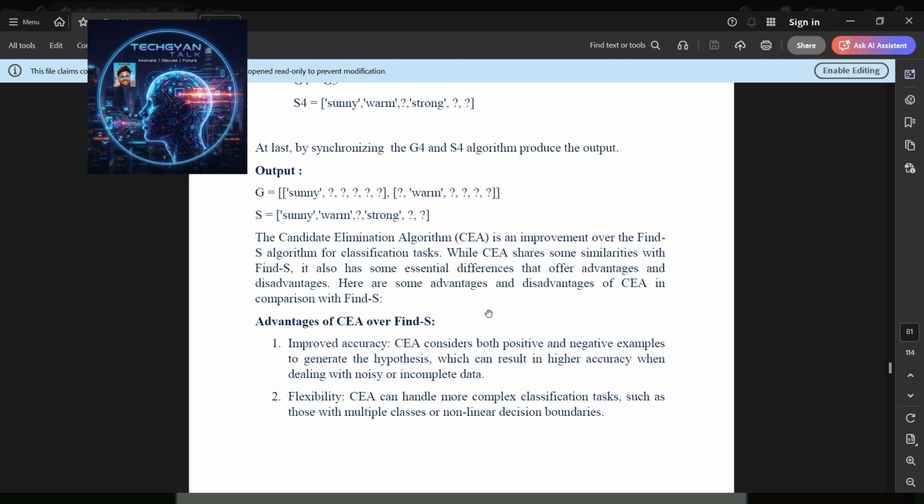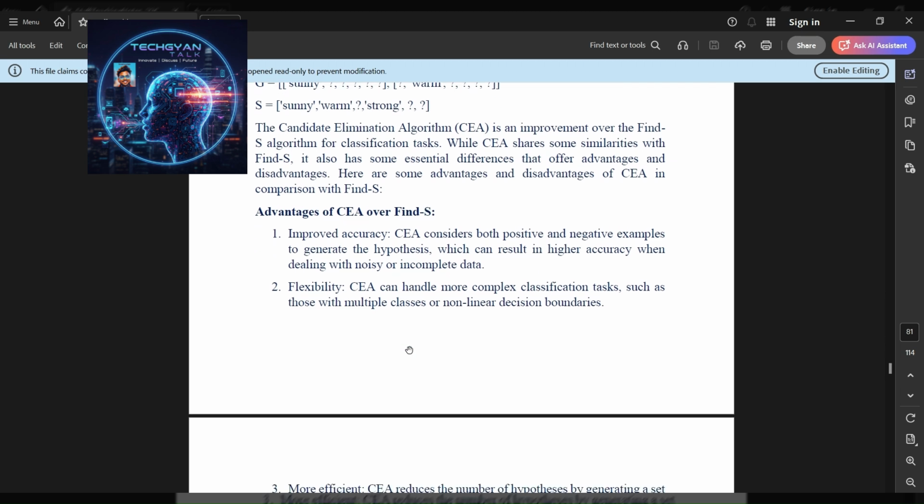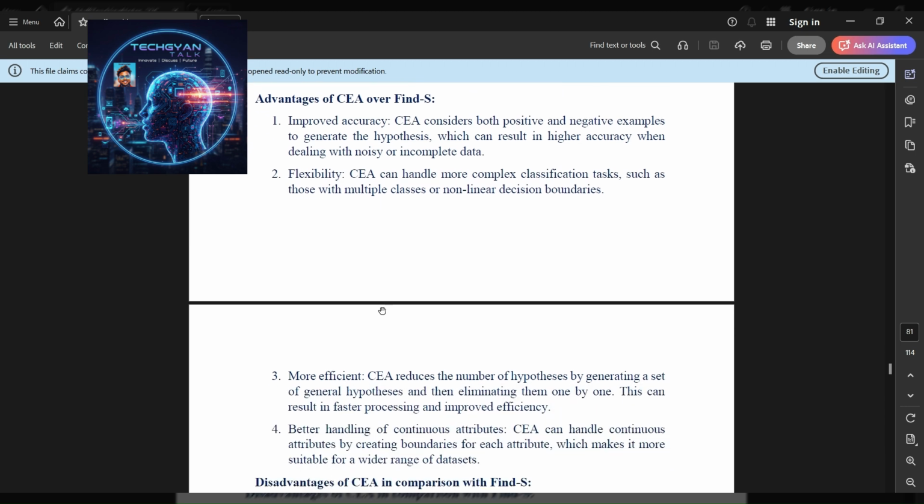Advantages of CEA over Find-S: improved accuracy, because CEA considers both positive and negative examples to generate the hypothesis, which can result in higher accuracy when dealing with noisy or incomplete data.